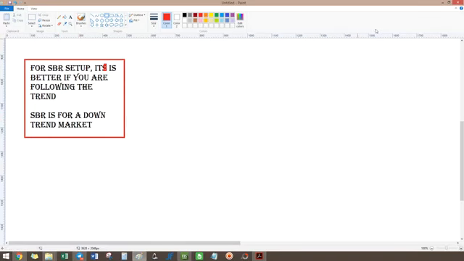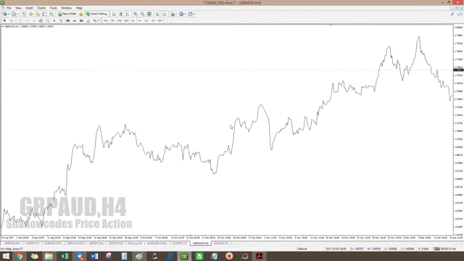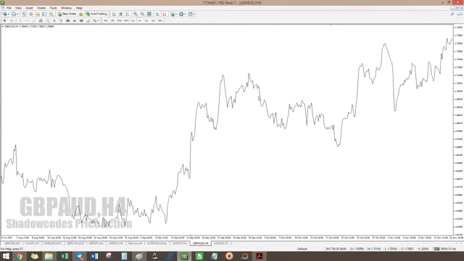SBR is for a downtrend market. Bear this in mind, this is an important note regarding this topic. So let's search for a downtrend market.